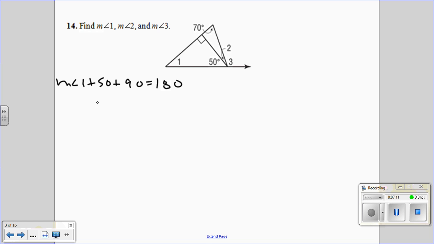So angle 1 plus 140 is equal to 180. And then subtract 140 from both sides, you would get angle 1 is equal to 40 degrees.